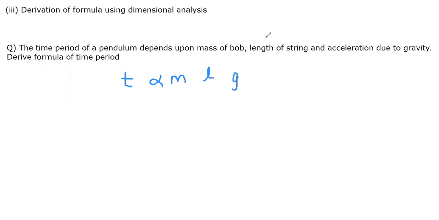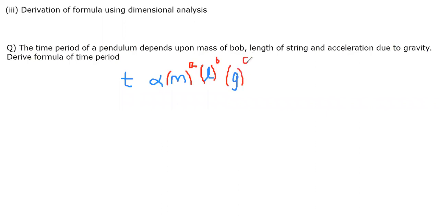Now you have to give powers to all the quantities. If you have 3 quantities, give powers a, b, c. If you have 4, a, b, c, d, and if 2, a, b. So I'm giving power a to m, power b to l, and power c to small g.